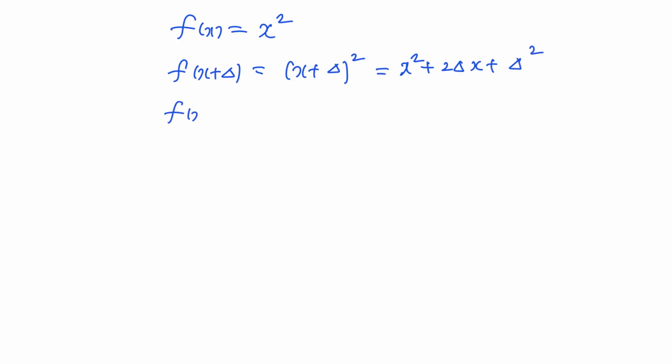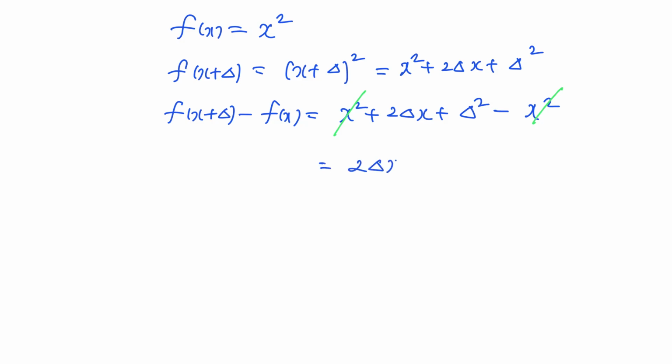So f(x plus delta) minus f(x) is x squared plus 2 delta x plus delta squared minus x squared. So this cancels each other, and it will be 2 delta x plus delta squared.